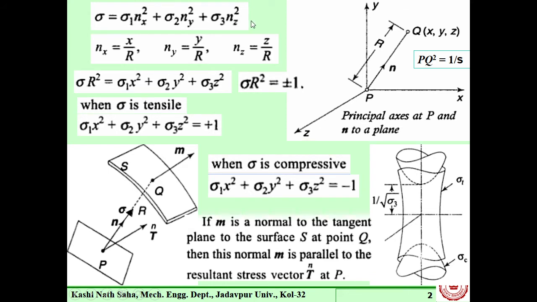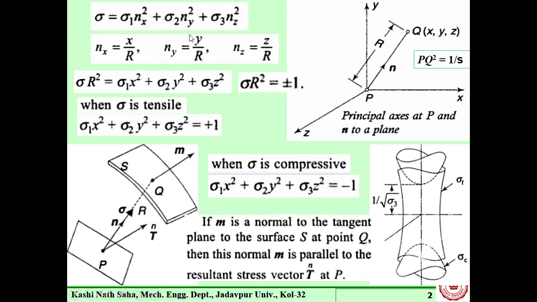We are not highlighting this particular equation. Now, what is nx? For point Q with coordinates x, y, z, nx is the direction cosine of this line PQ. If P is the origin, this is true. And this nx is x by r, if the length of the line is r. Clear?